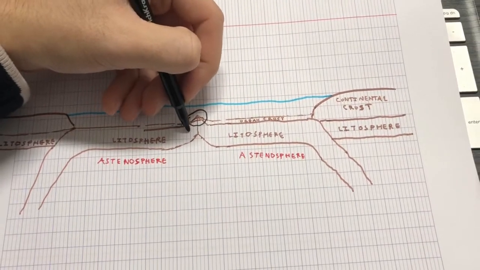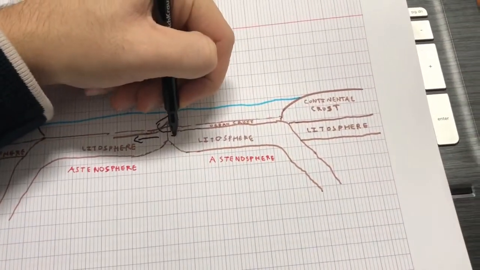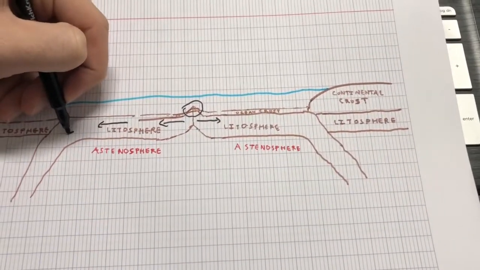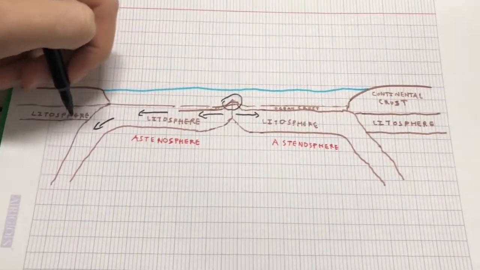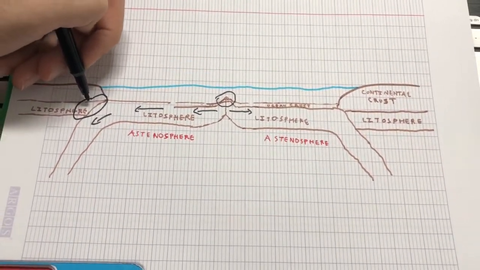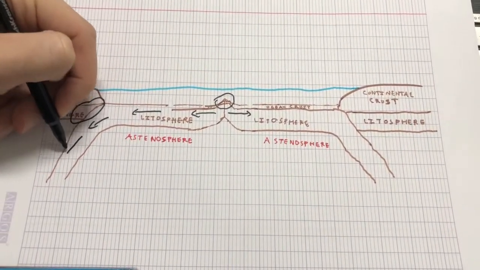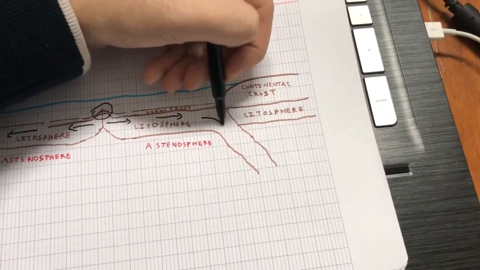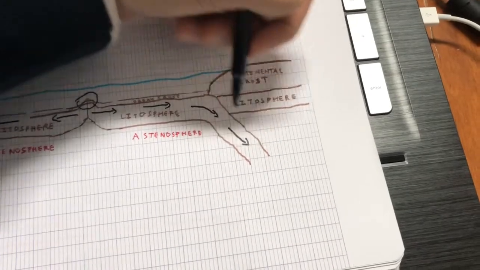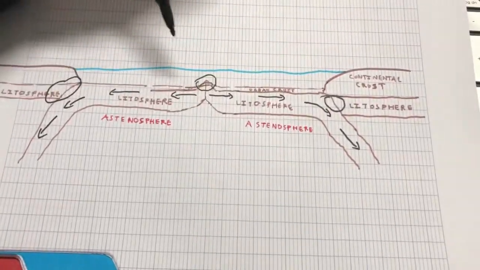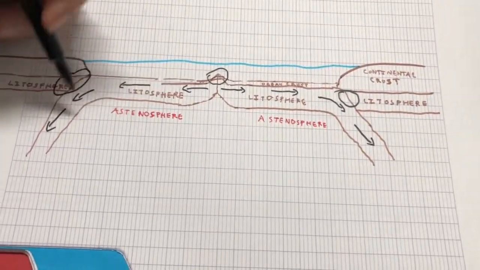So we have a divergent movement, and here we have subduction, same for here. 2 subduction zones, 1 divergent zone.